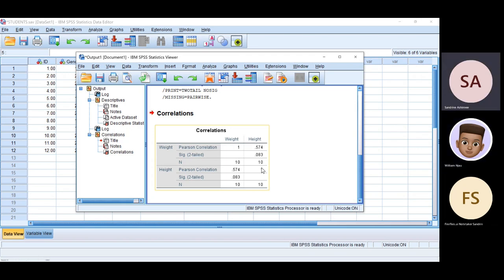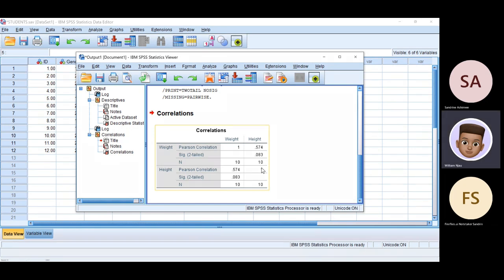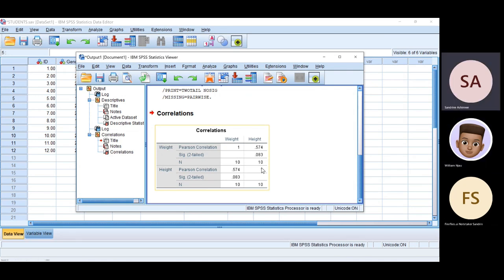So that means there's a positive correlation. Very good, you're interpreting the value. It means that it's a positive value, so first of all, there's a positive correlation between weight and height. When it's a positive correlation, does that mean that when one value goes up, the other one goes up as well?